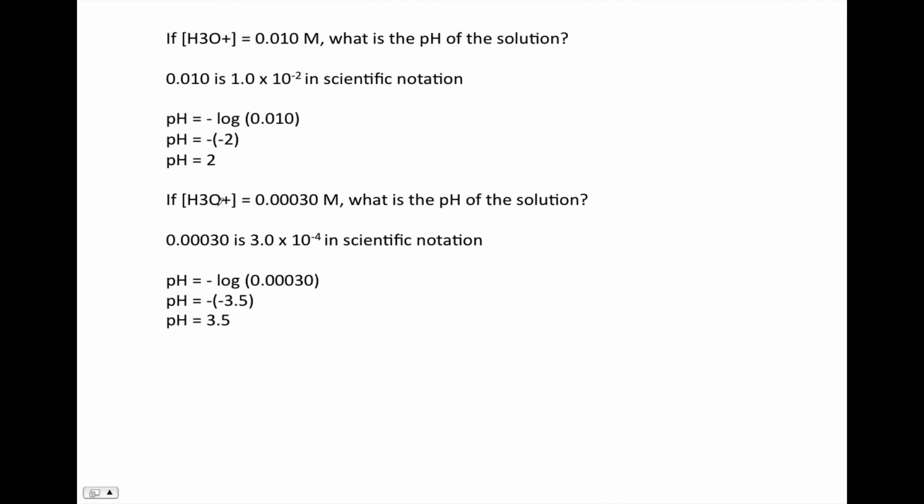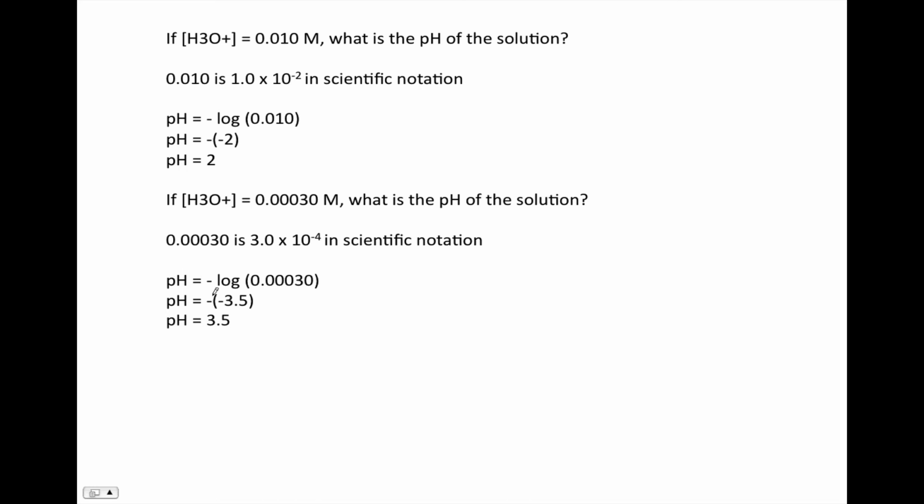Now what if the concentration of H3O+ is 0.0003 molar? Again, we have two significant figures. What's the pH of the solution? We can rewrite this to more clearly show it's two significant figures by writing 3.0 times 10 to the negative 4th molar.